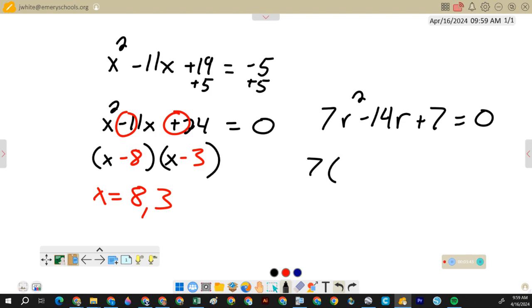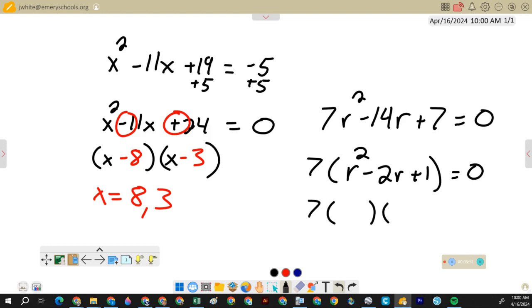So 7 times r squared minus 2r plus 1. Two numbers that multiply to be 1 and add to be negative 2. r minus 1 and r minus 1.